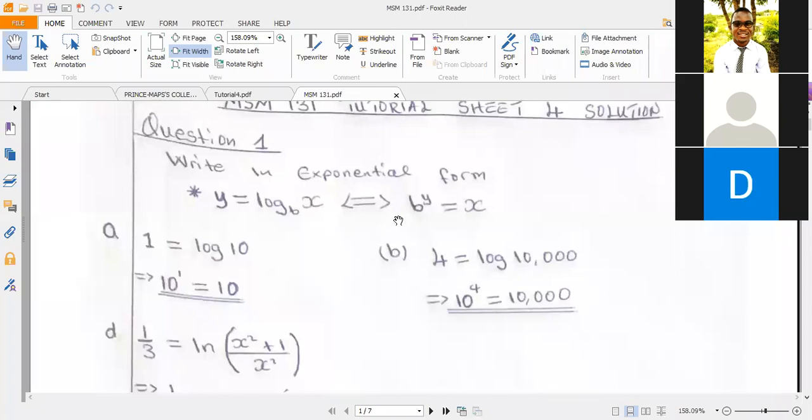This can be written in exponential form as b power y is equal to x. Similarly, we have this equation, which doesn't have the base, the b. Since it doesn't have the base, then the base is 10.